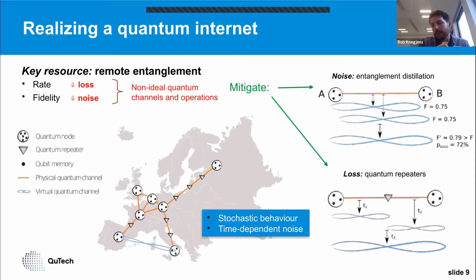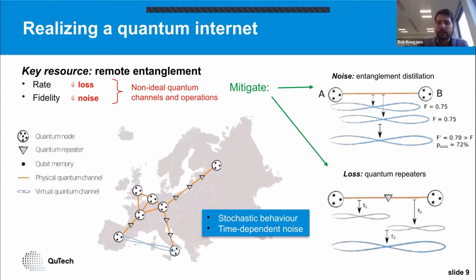So by placing a repeater in the middle of this link you're trying to generate entanglement between, you can then generate the entanglement on either side of this midpoint first. And when you succeed on both sides, you can do what's called an entanglement swap to end up with entanglement between the two nodes. So fortunately, these are key protocols in realizing this quantum internet.